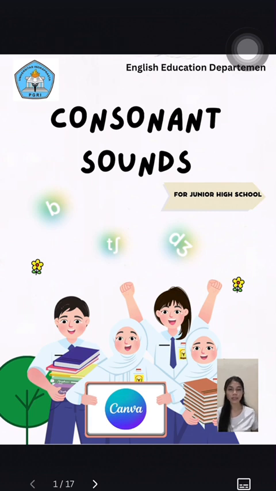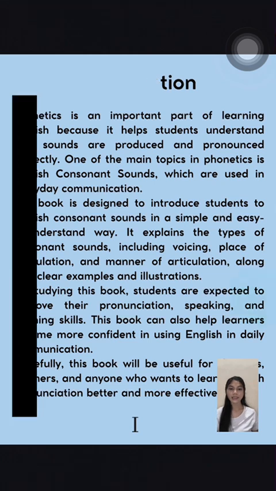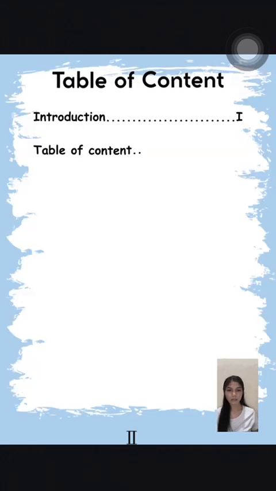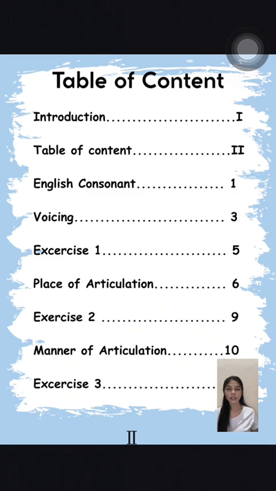So let us see the first page. There is an introduction, and the next, table of contents, and after that, the main materials. Inside this book, there are several main topics, everyone.